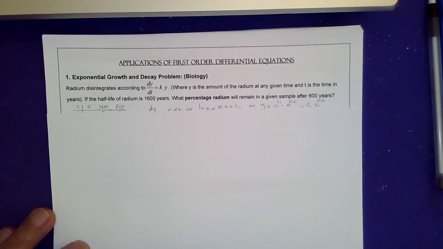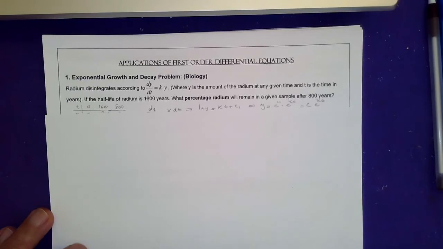given sample after 800? So this is kind of like a biology type of problem. Half-life means after 1600 years, half of the original amount disintegrates, so you'll have half of the amount left.